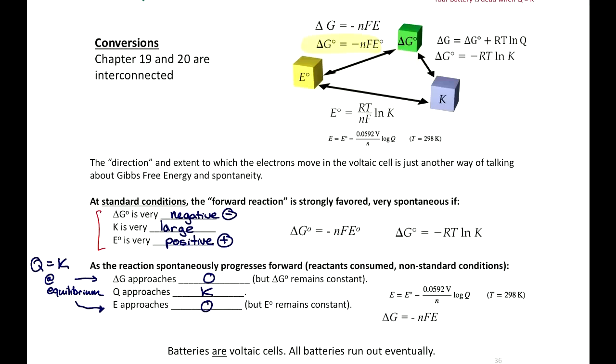All of those things are related to one another by these two equations, right? But if we're not at standard conditions, then we remove all of those knots from those values. But we can still calculate delta G and E at those non-standard conditions, either using the Nernst equation, or we can use delta G equals delta G naught plus RT ln Q.